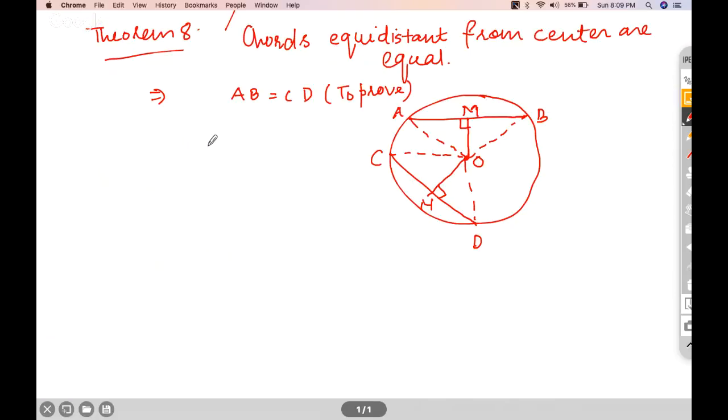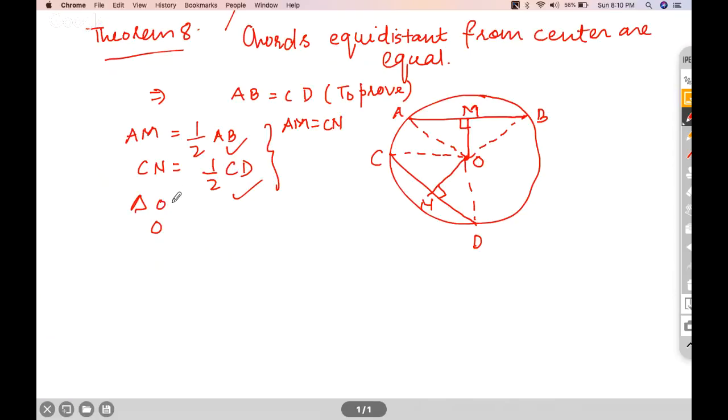So let's take triangles. I know that AM is equal to half of AB, and CN is equal to half of CD. So if I'm able to prove that AM is equal to CN, then I'm able to prove that AB is equal to CD. I'm taking triangles OMA and ONC.